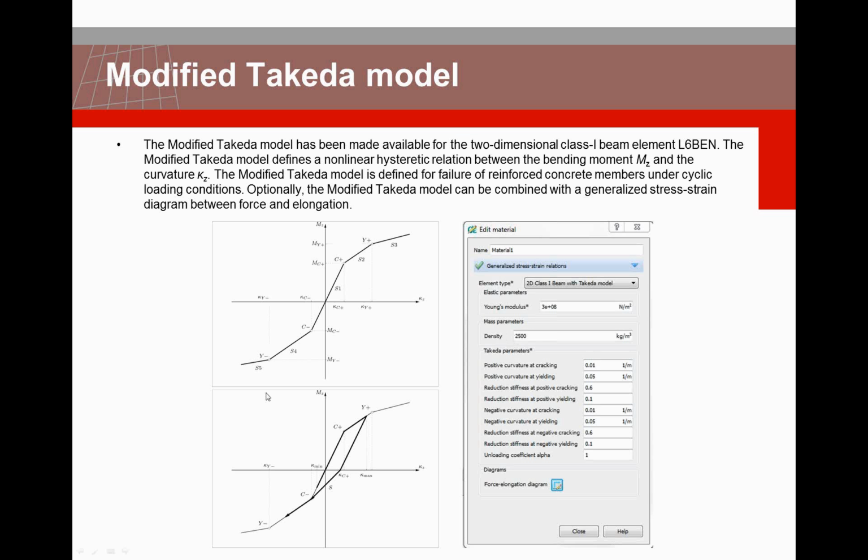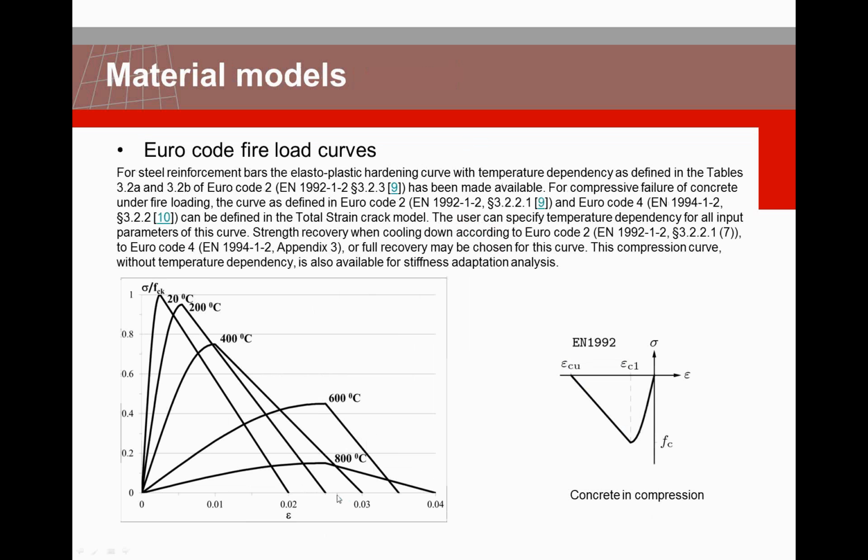The nice thing of this model is that there are pretty advanced unloading, reloading cycles integrated in the model, 7 different cases defined. For details I refer to the manual. Here you see one, and you see that these are very suitable models for energy absorption as a result of cyclic loading.